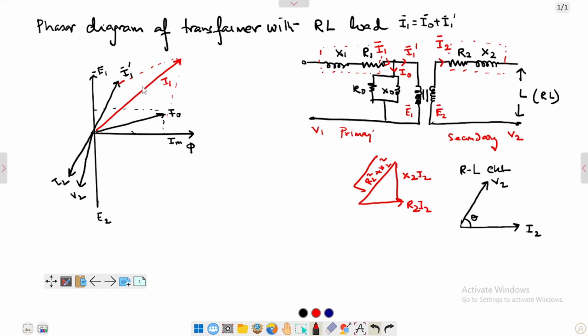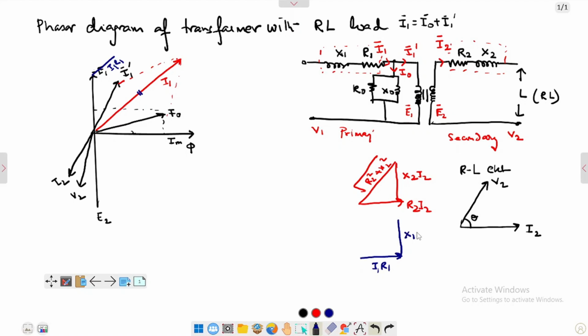So I will take this one and I will add it here. I will take a parallel line of this one and I will draw like this. I1 R1. So I will draw the I1 R1 too. This is my I1 R1, similar, because both of them are similar, right? Both are RL circuits.